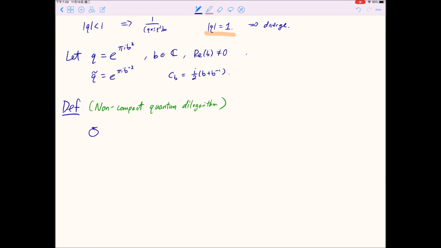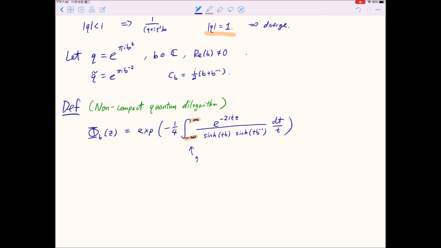I use phi of b. So this is the exponential of such an expression. This is the formula where sinh is the hyperbolic sine function. And this is actually a contour integral where the contour goes over the pole at 0.